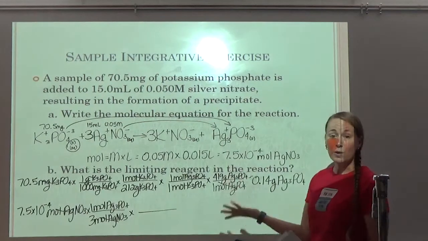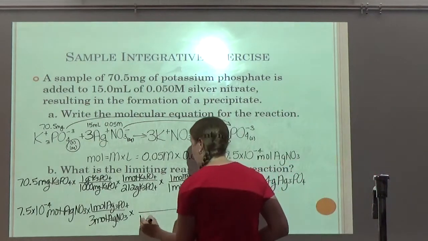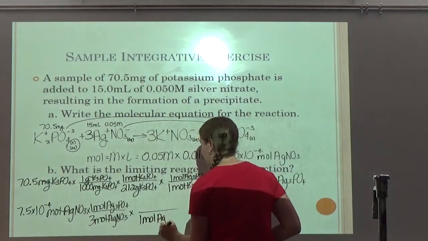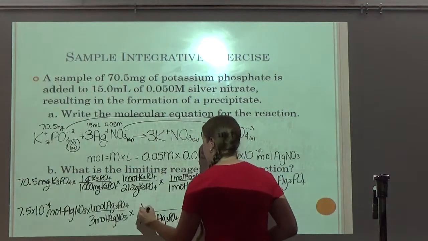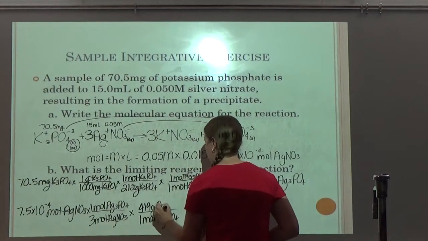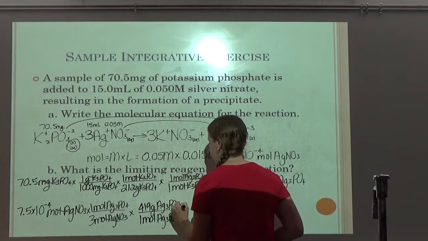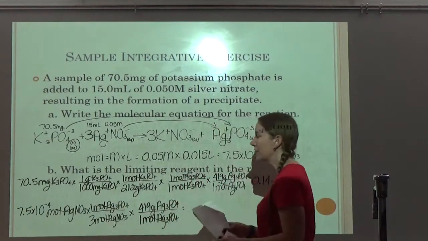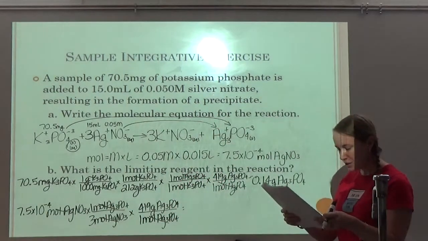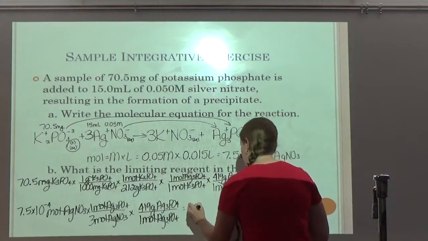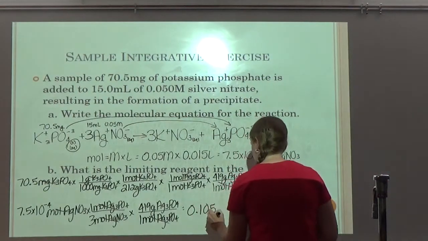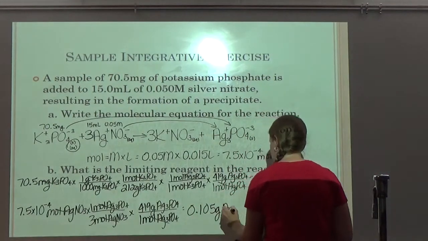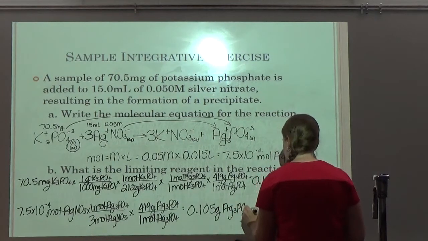So we already know molar mass is 419, so I put my 1 mole silver phosphate on bottom and my 419 grams of silver phosphate on top. So then I just multiply and divide, and so for this one I get 0.105 grams of silver phosphate.